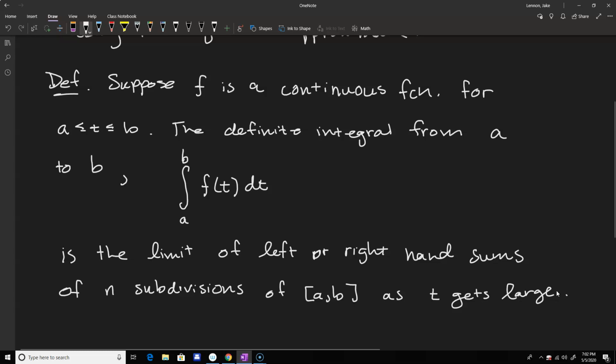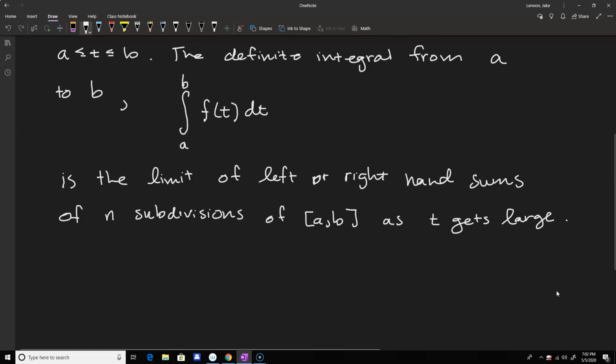Okay, so essentially what's going on in the picture is we use delta x or delta t, whatever the input variable is, to describe the width of the interval.